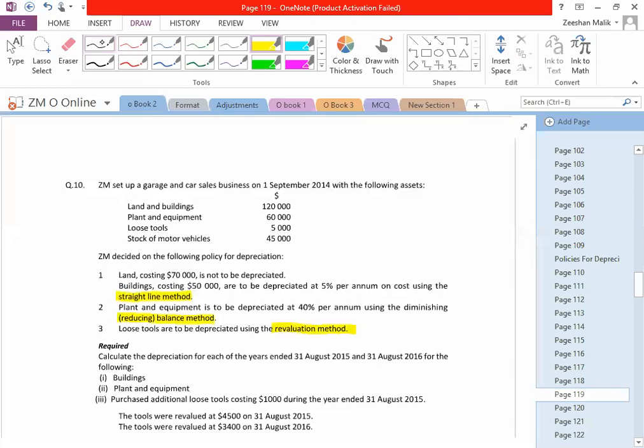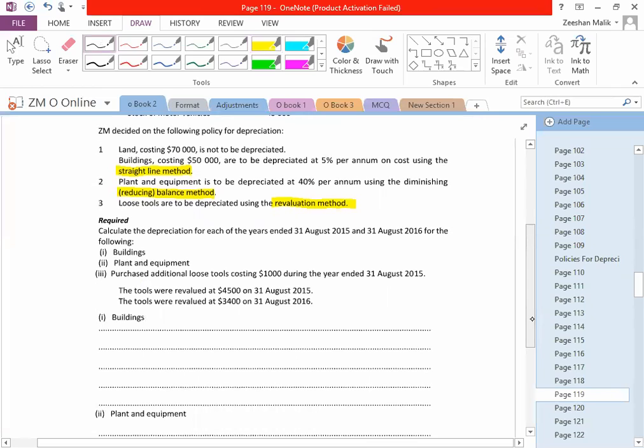Here we go for the question. You are supposed to calculate for 2 years, 2015 and 2016. So you need to write the date first, 31st August 2015 and 31st August 2016.